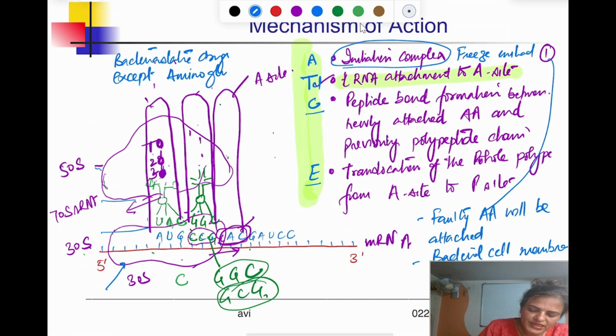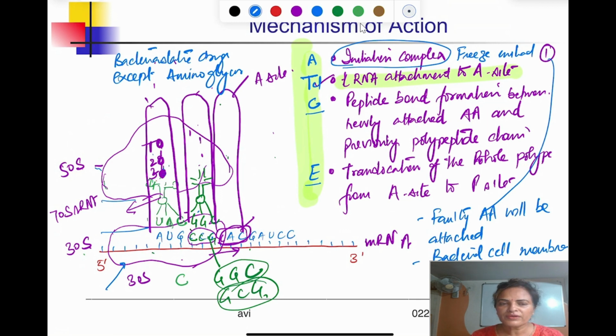So aminoglycoside is the only bactericidal one, otherwise the rest of the antimicrobial agents which act by inhibiting bacterial protein synthesis are bacteriostatic. Static is which inhibits the multiplication of the bacteria, and bactericidal is which kills the bacteria. So why? The reason is the formation of the faulty protein.